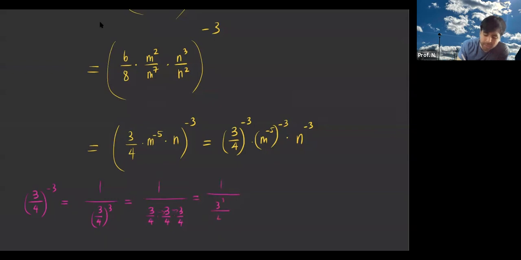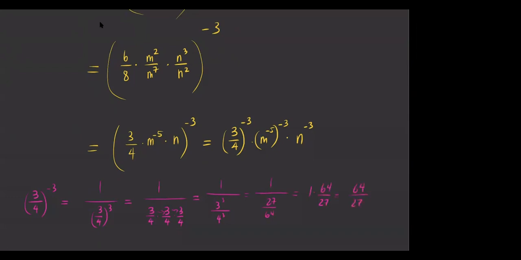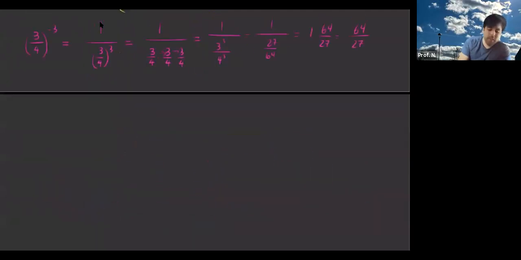And isn't 4 times 4 times 4, 4 cubed? Isn't this 1 divided by 27 over 64? And isn't 1 over 27 over 64 the same thing as saying 1 multiplied by the reciprocal, which is 64 over 27? Yes. Good. So I took care of the first one.